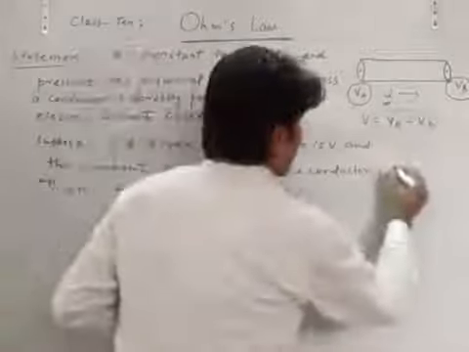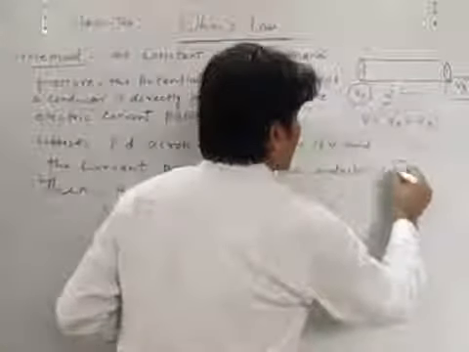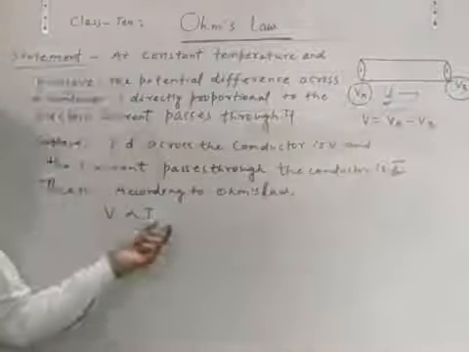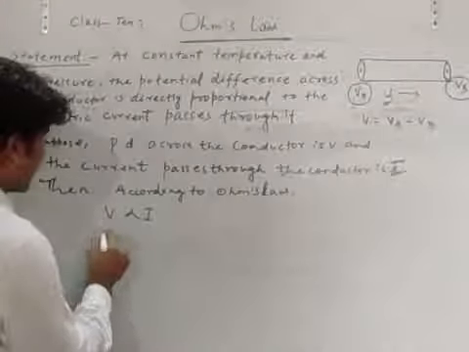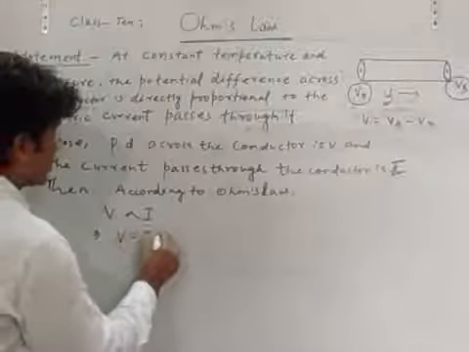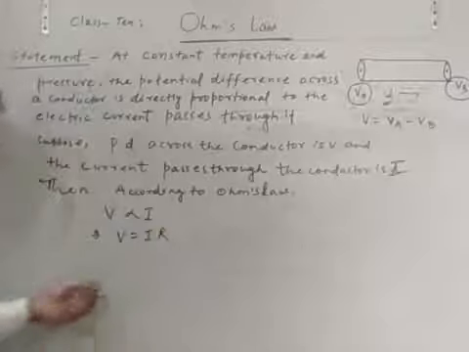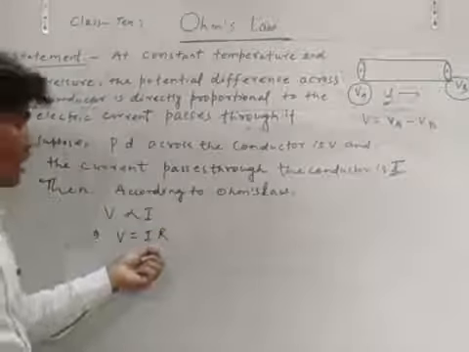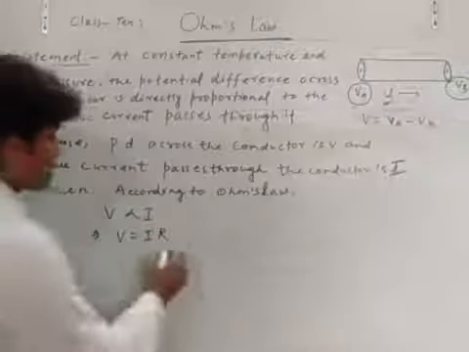Suppose electric current is I, then V varies I, or V equals to IR. Here R is a constant and known as resistance.